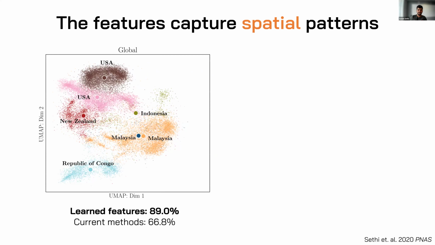So we found that these features capture spatial patterns. What we're looking at here is 6 or 7 different data sets of audio of passively recorded ecosystem soundscapes. And a couple of them are from down the road, probably there are people sat right next to Sapsucker Woods, and both the USA data sets are from Sapsucker Woods.